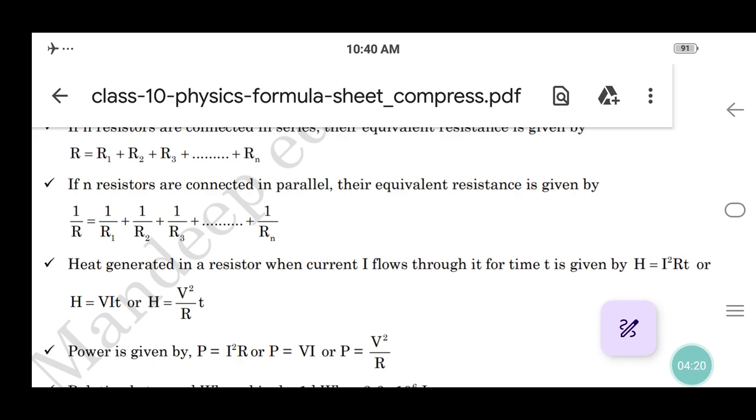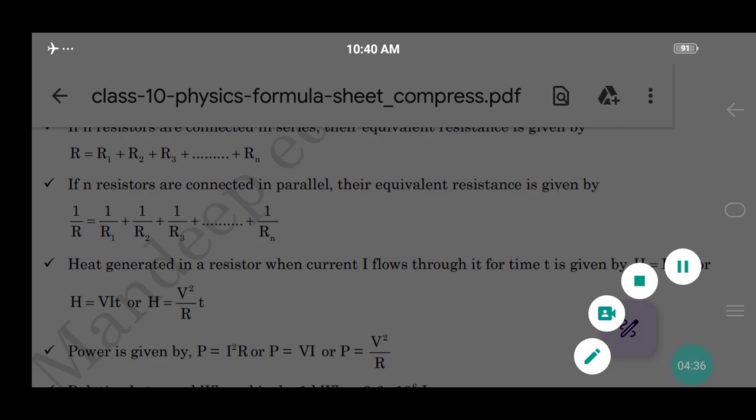Next, heat generated in a resistor. When current is passed through a medium, that medium may generate some heat energy. So how can we find the heat?